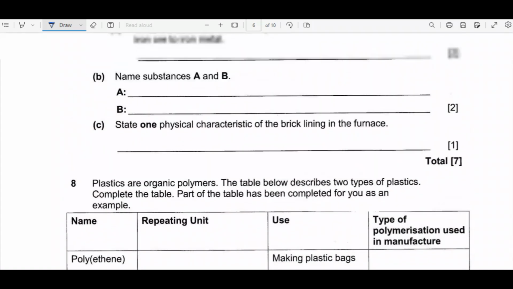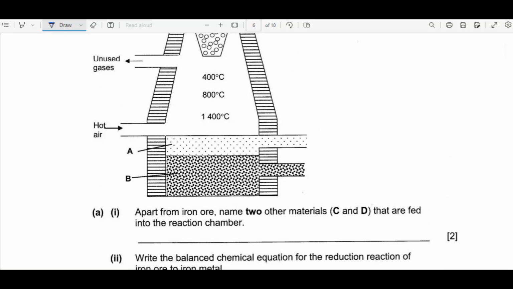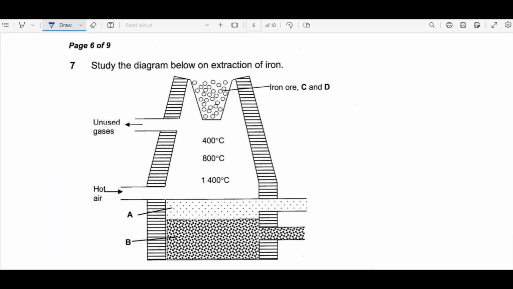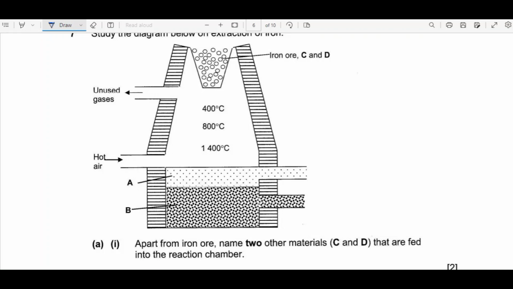We move on to question 7. So question 7, study the diagram below on extraction of iron. Okay, so we have temperature 1400, 800 degrees Celsius, 400, iron ore, substances C and D. We have substance A on top, B hot air.